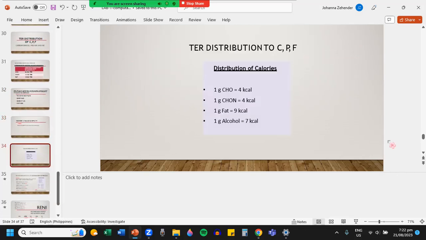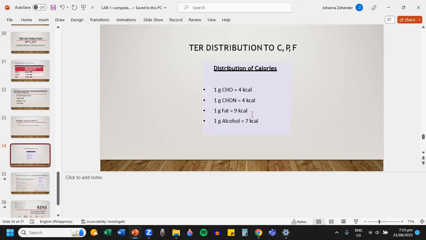Before we proceed with the example, I want you to be familiarized with this. This is with regards to the distribution of calories. 1 gram of carbohydrates is equal to 4 kilocalories. 1 gram of proteins is also equal to 4, while 1 gram of fat is equal to 9 kilocalories. With alcohol, 1 gram is equal to 7 kilocalories.